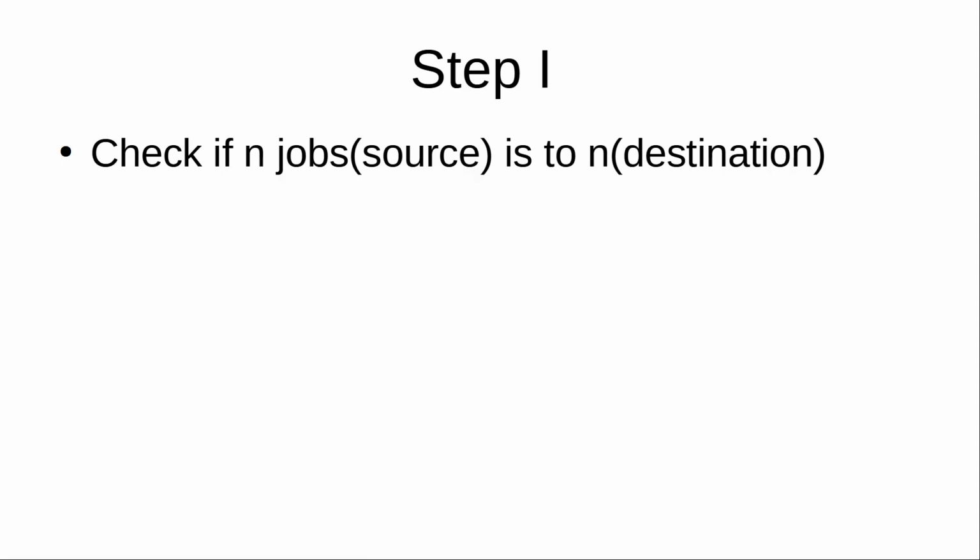First, you need to check that you have n jobs, which you can call sources also, and n destinations, that is, places where they can be processed. Each job needs to be processed. A destination may be a factory where it can be processed, or a machine where it can be processed.